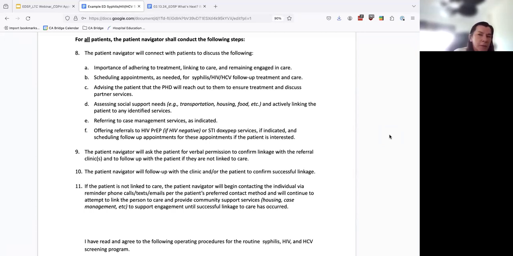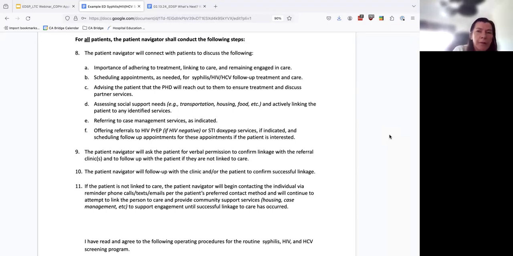The ideal situation is that when that person leaves the emergency department, they have in their hand their scheduled appointment date. Not a phone number that they should call to schedule an appointment, but a scheduled appointment date and time. And so that's something that you want to coordinate with your referral clinic or your referral public health department, is how to give someone an appointment before they leave.